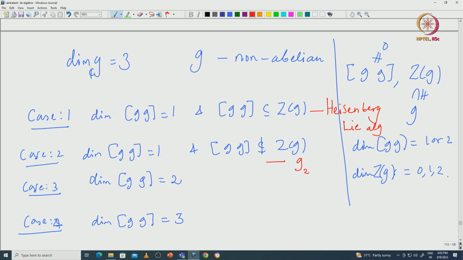So, it is basically G2 non-abelian direct sum G1 abelian, where G1 abelian is nothing but C, a 1-dimensional abelian Lie algebra. In case 3, there are infinitely many possibilities.